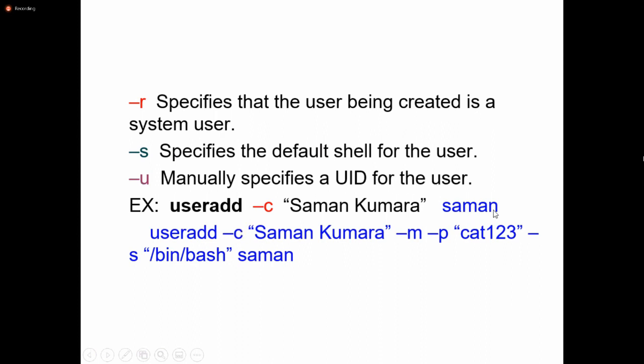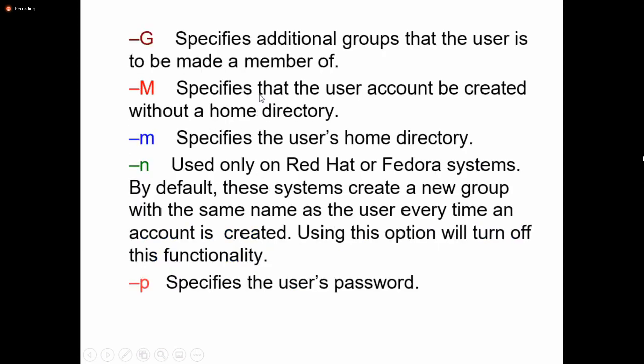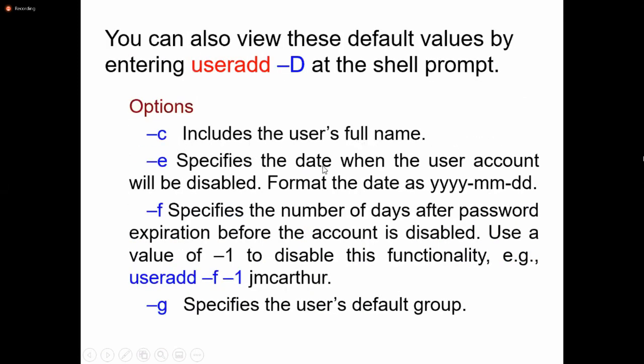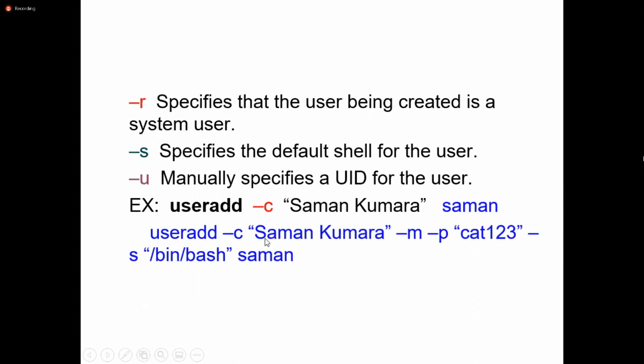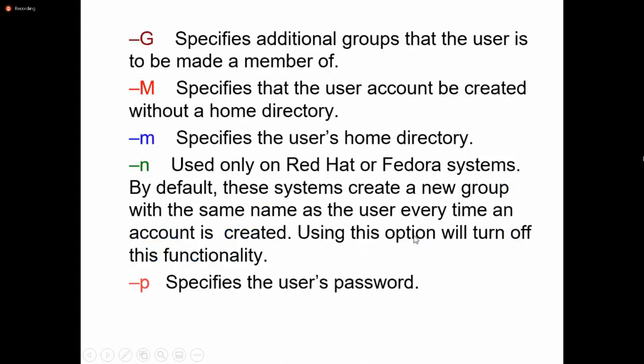So this is the example given. You said -c means full username. So here you give the full username, and at the end you give the username, right? So this is the full name. -m will make the home directory, right?